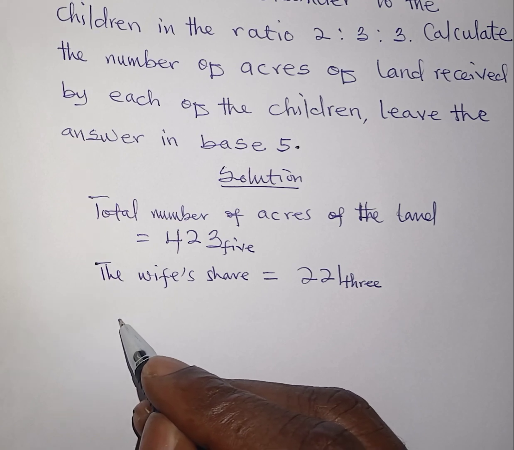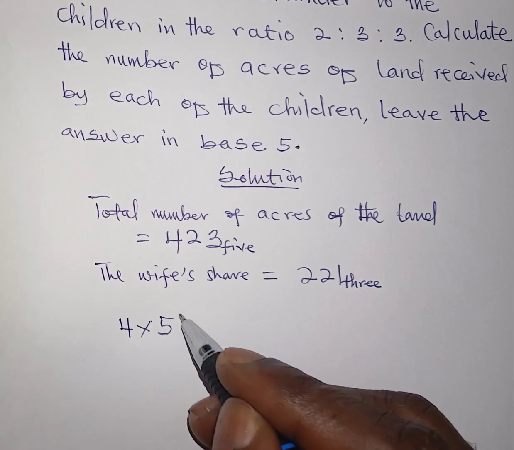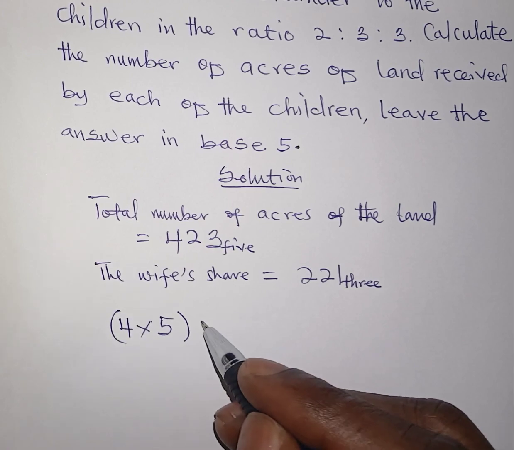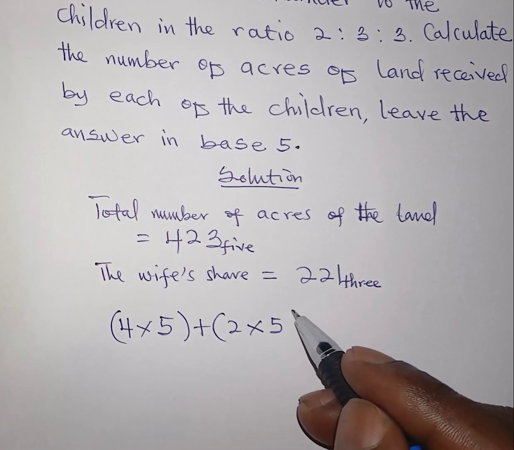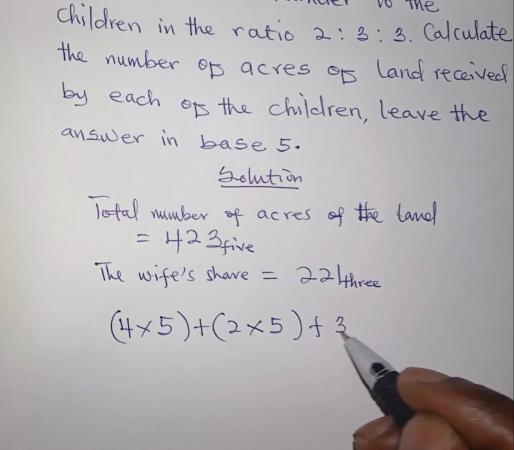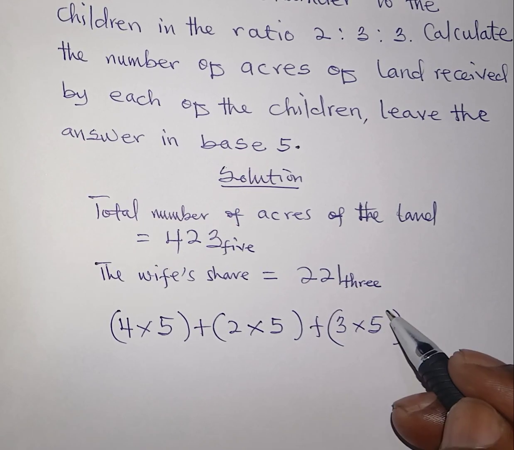So for the total, I will get 4 multiplied by the base, plus 2 multiplied by base 5, plus 3 multiplied by 5. Then I will distribute my exponents.